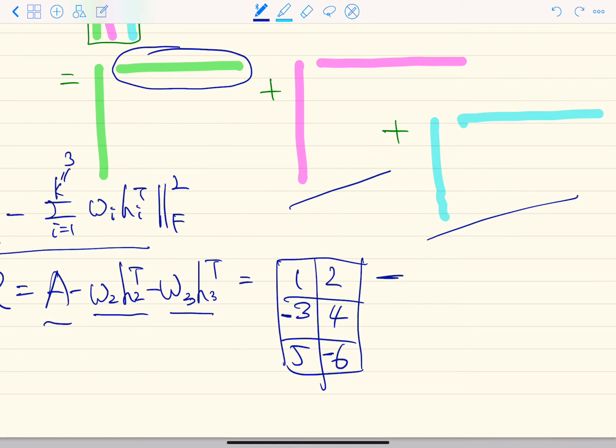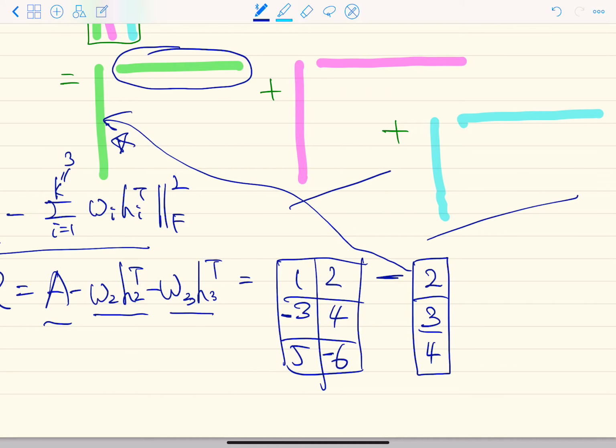Because this one will satisfy our non-negativity constraint, let's consider that element as maybe 2, 3, 4, which corresponds to this one, and then this part will be this one. Let's call them x and y, for example. So these two elements are the variables to optimize this time, right?